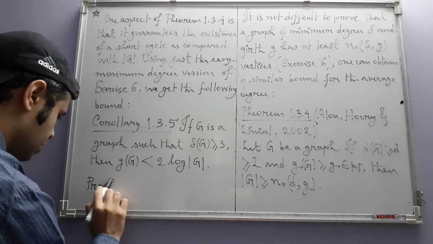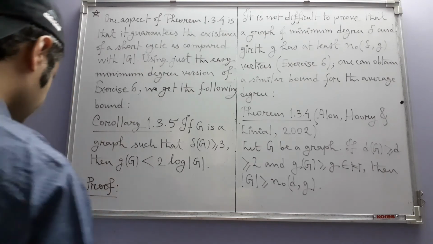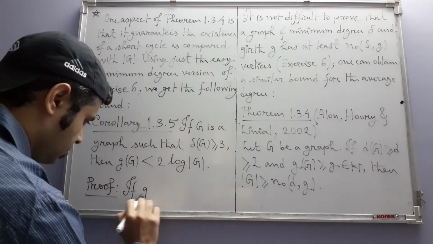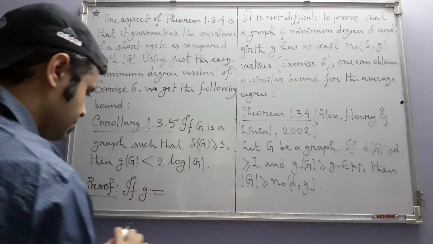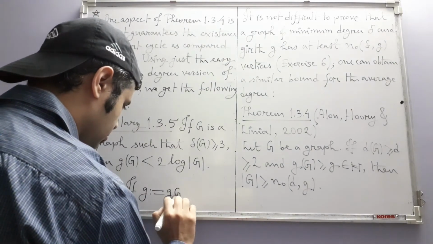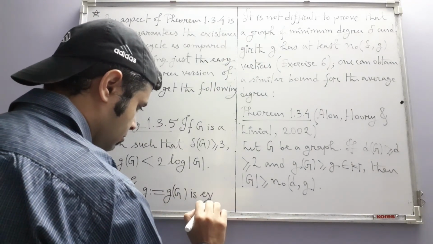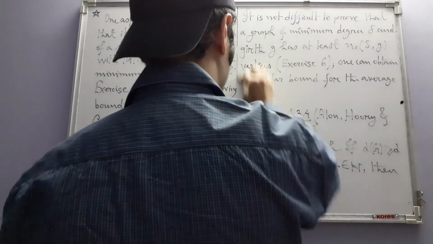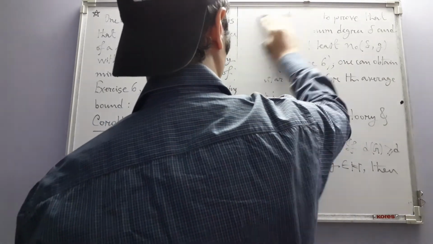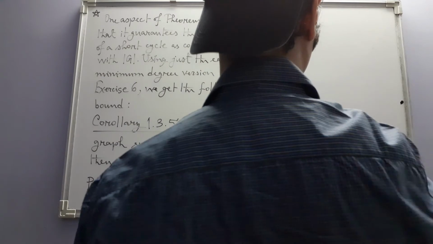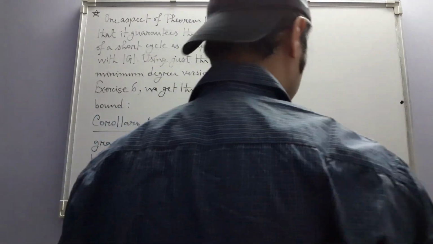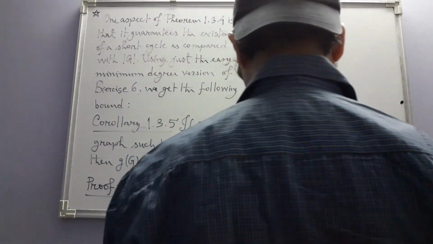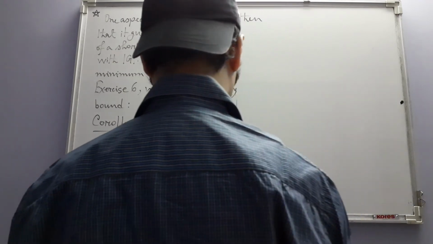The proof is not very difficult. You just have to use that result. If the girth, which let us denote by g, is even, then what do we get from this lower bound?